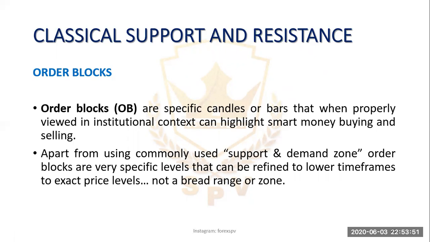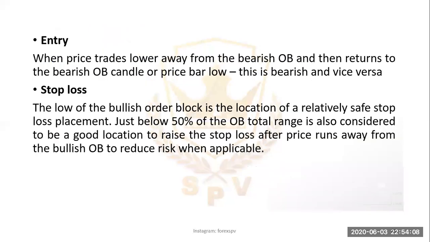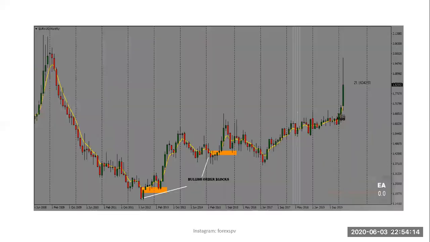So order blocks are specific candles or bars that, when properly viewed in institutional context, can highlight smart money buying and selling. So you can find where smart money has entered their sales or has entered their buys. And let's have an example here.